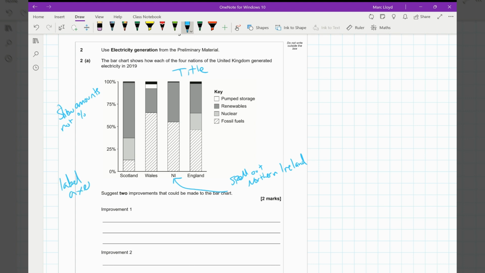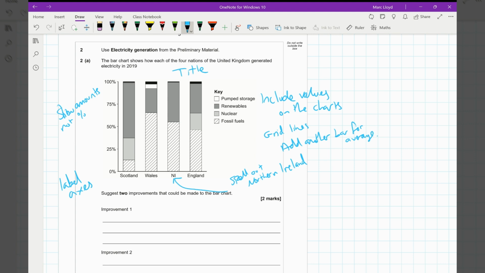We could include values on the charts. And grid lines would be really useful because we can't tell what that value is, so some grid lines would massively help. Also add another bar for average.